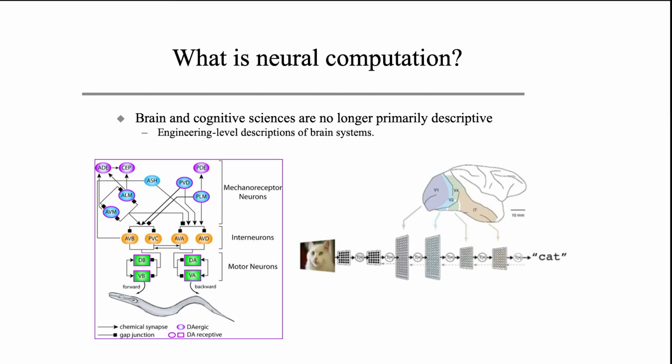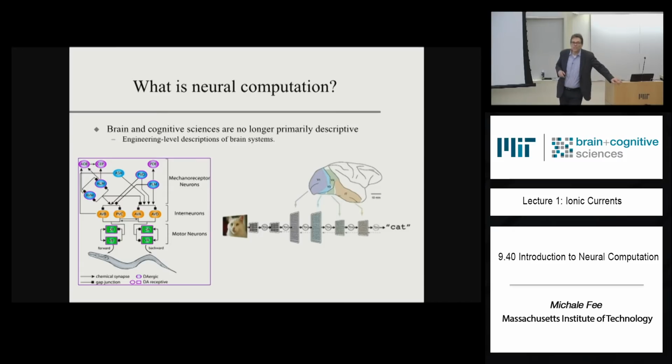Really, neuroscience now is about understanding the brain, how the brain works, how the brain produces behavior, and really trying to develop engineering-level descriptions of brain systems and brain circuits and neurons and ion channels and all the components of neurons that make the brain work.